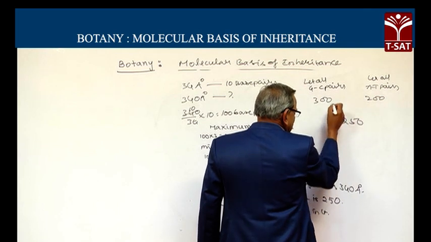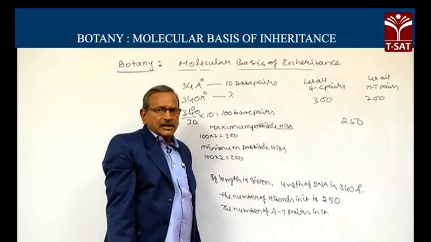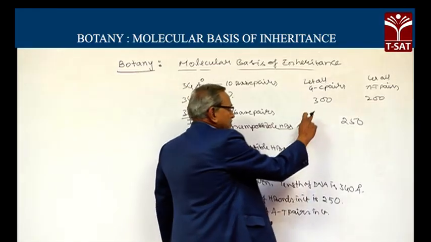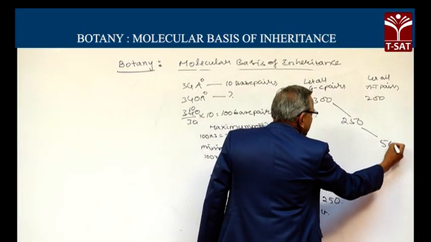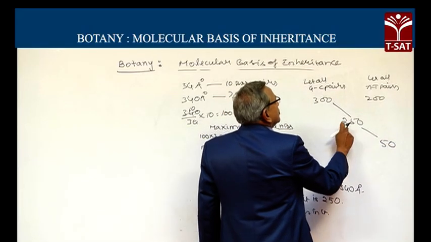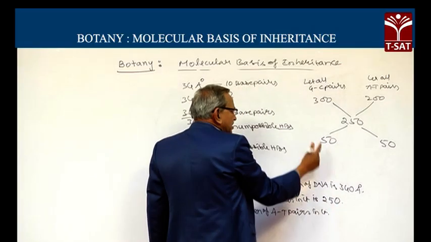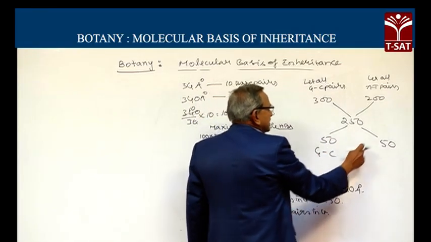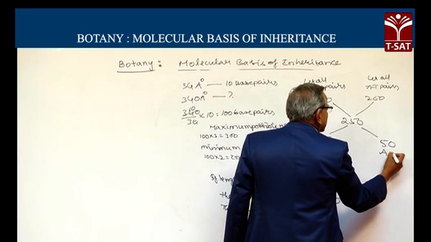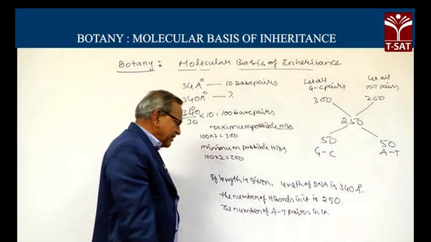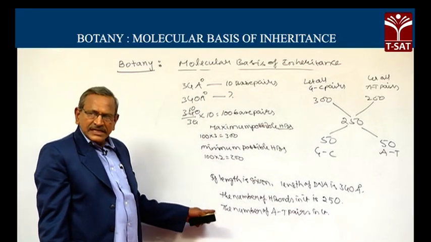Now cross subtract. Always from the higher value subtract the lower one. So 300 minus 250 will be 50. 250 minus 200 will be 50. So this represents the number of GC pairs, and this represents the number of AT pairs. So the number of AT pairs in this case will be 50: 50 A's are there, 50 T's are there.